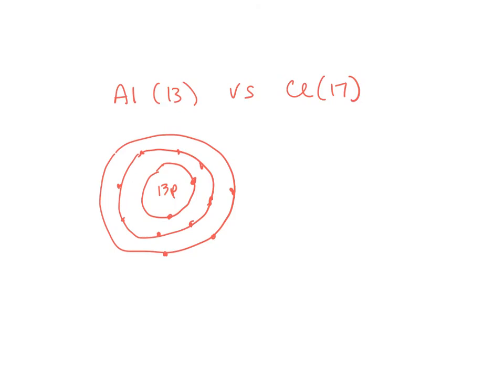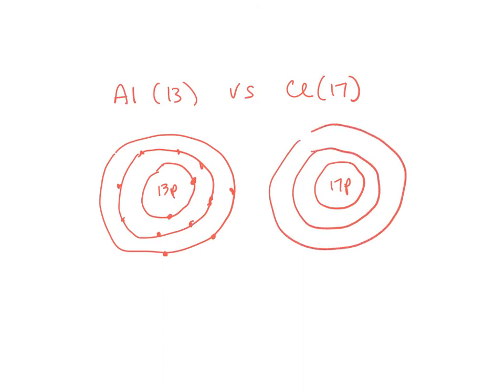Now chlorine has 17 protons in the middle, and the last electrons are also in N equals 3. So you get 2, 8, so that's a total of 10. Now I get 7 more.